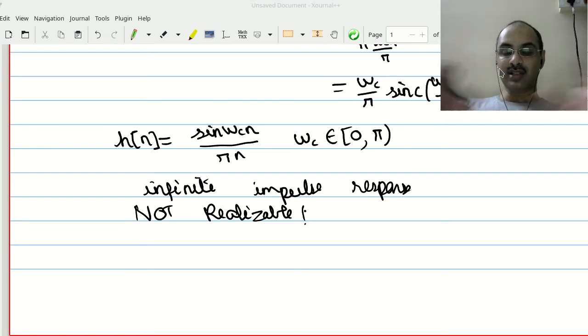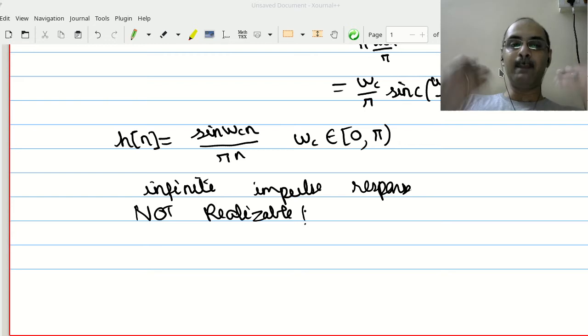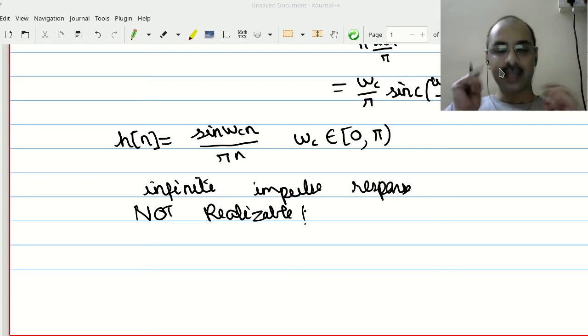In the case of this sinc, it is double-sided infinity. So your flip and add realization is not really possible. So this filter is a mythical filter, meaning the filter exists, but you cannot implement it practically. You cannot pass any signal through an ideal low pass filter.